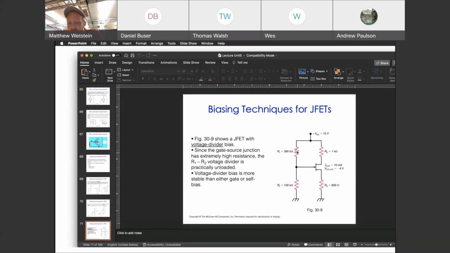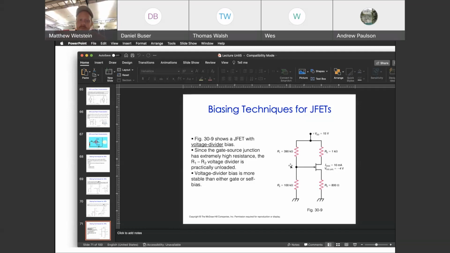For the voltage divider bias, it's easier because you can assume no current going through here. Therefore, the voltage is set purely by this voltage divider because there's no current. This is one of the advantages of field effect transistors: you're actuating the transistor not by pushing a current through it. Even if it's a small current, it's still a current. Here, it's a voltage, it's a field that you're using, so you don't need to push any current through.